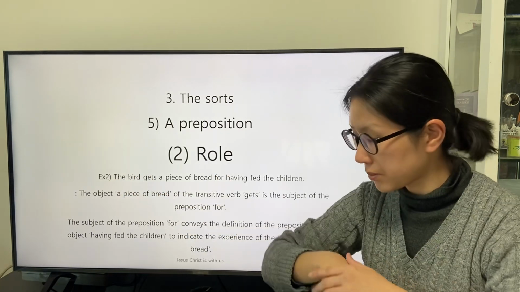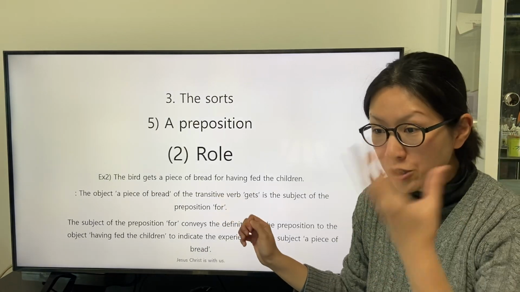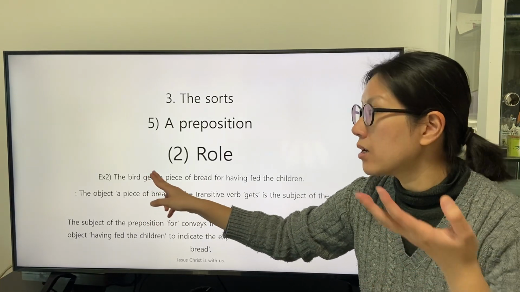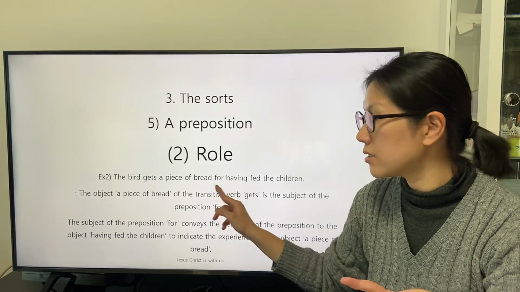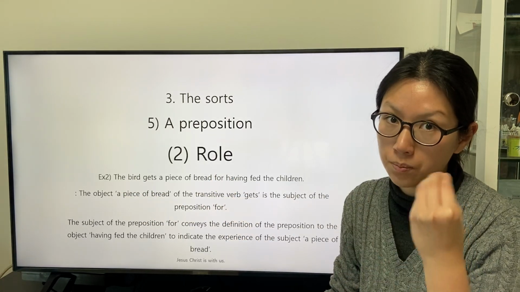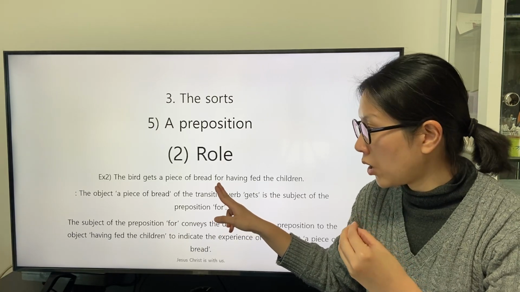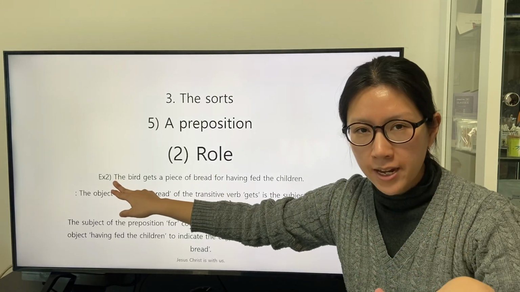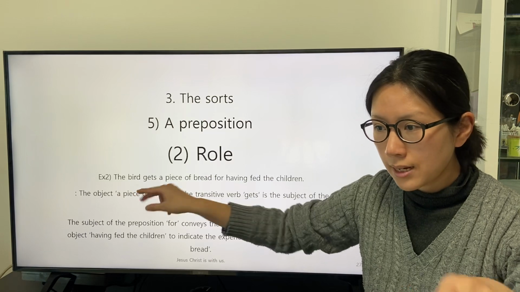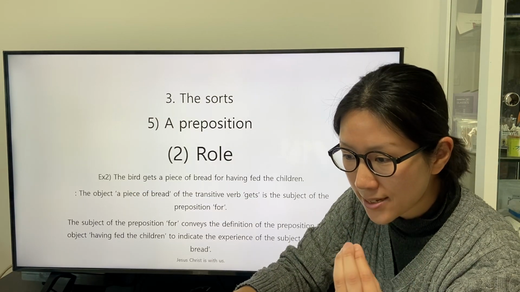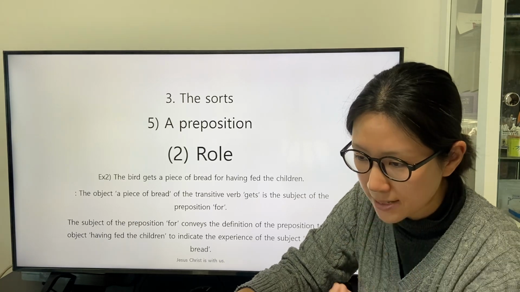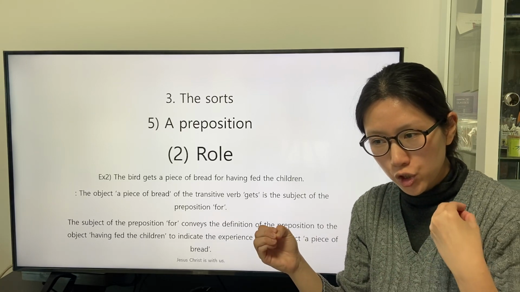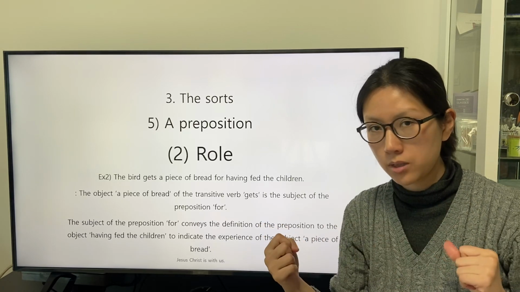The bird actualizes the action described by the transitive verb get, and the action of the subject is specified with the definition of the preposition for, and the purpose of the subject, the bird, that exists at the point in time at the present is specified to actualize during a period.